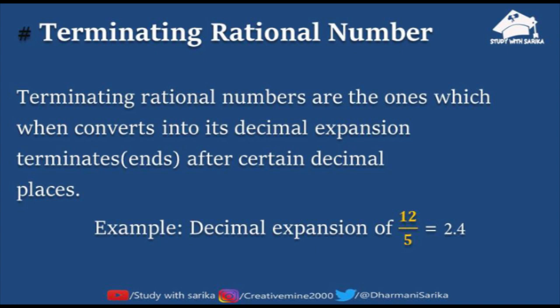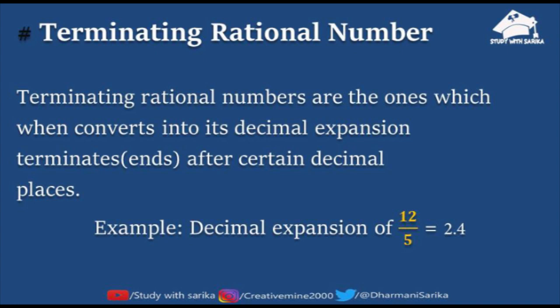To explain it better, I have taken one example and shown you the decimal expansion of that rational number. The fraction I have taken is 12 upon 5. It is a rational number because both the numerator and the denominator are integers and the denominator is not equal to 0.